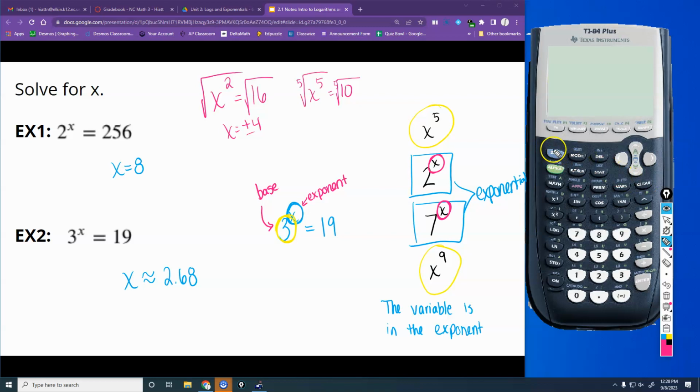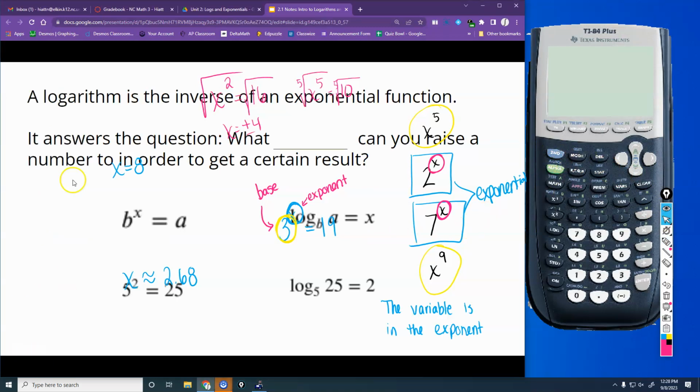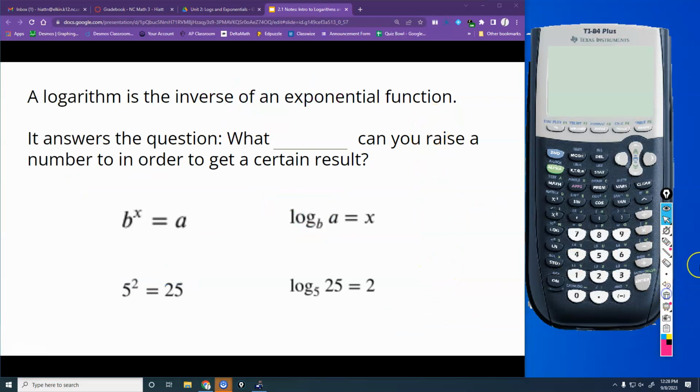So let's move on. All right. This is going to be the key idea of everything we do in this chapter, really: a logarithm is the inverse of an exponential function.